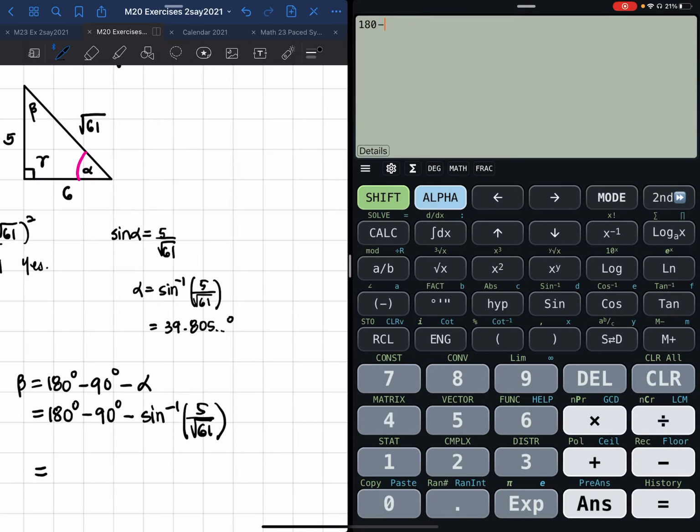So, 180 minus 90 minus sine inverse ng 5 over square root ng 61, 50.194428 something degrees.